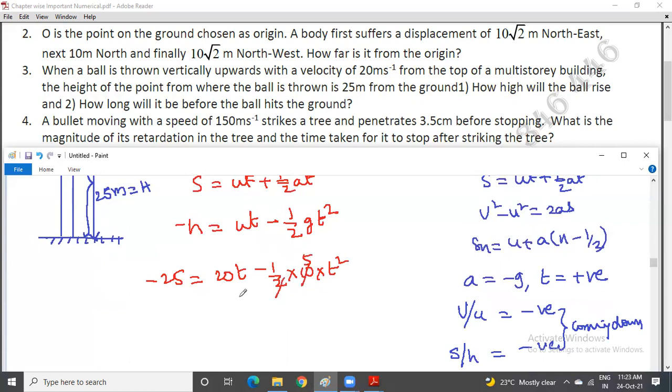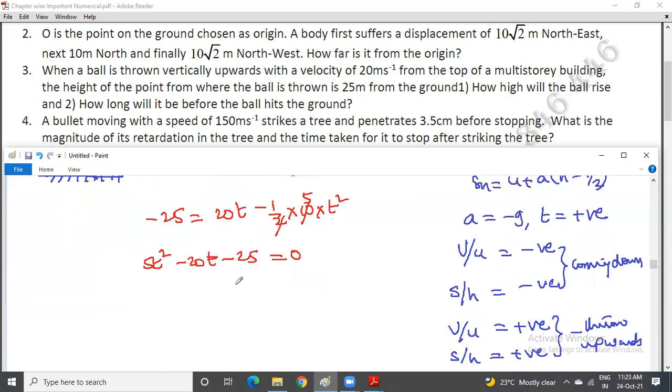So therefore, you take this side, it will be 5t square minus 20t minus 25 is equal to 0. So you can take even 5 also common, t square minus 4t minus 5 is equal to 0.